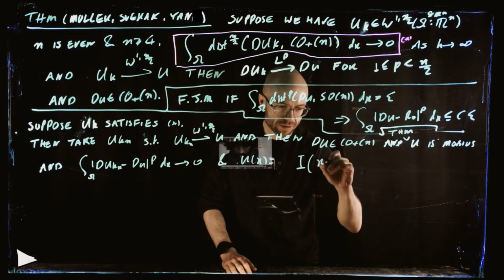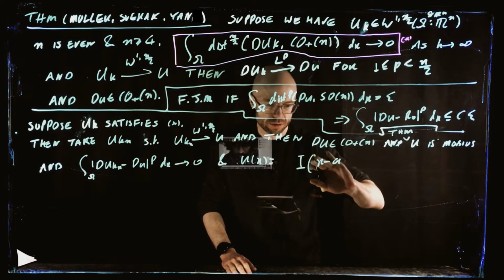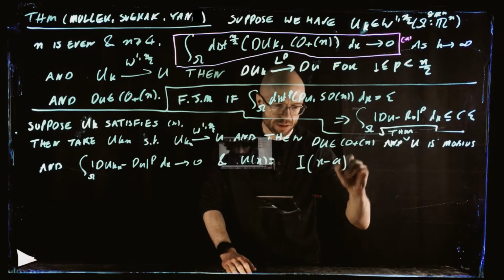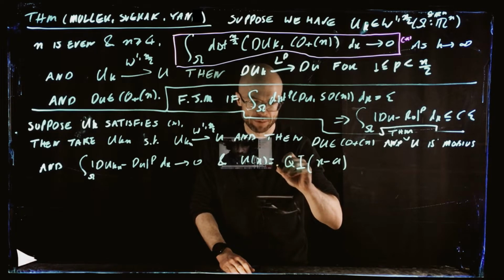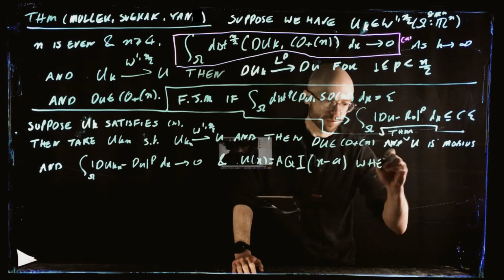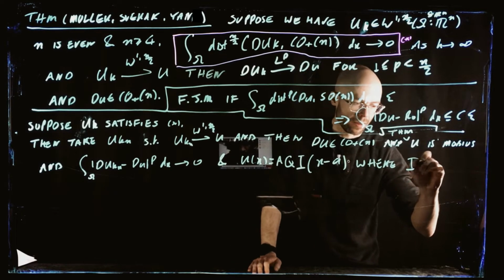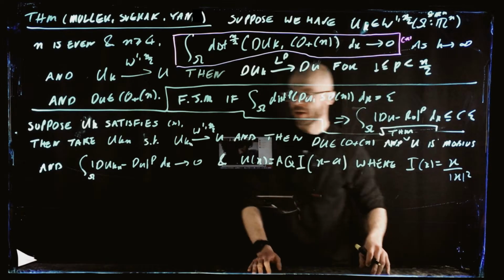So it's going to be X minus A, like this, times a reflection which I'm going to call Q, times an affine mapping A, right, where I of x is x over |x| squared, reflection to the sphere.